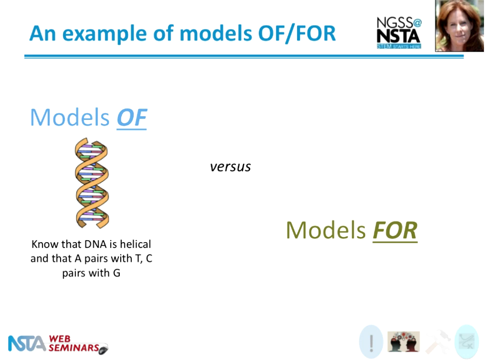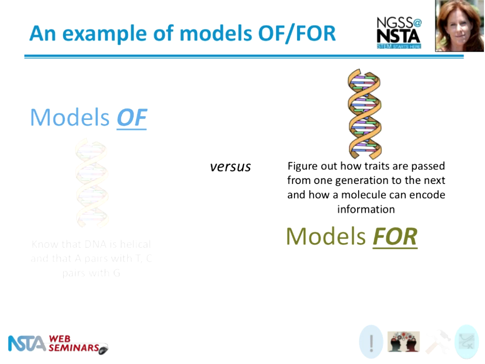But Watson and Crick weren't trying to figure out the structure of this molecule for its own sake. They were using and developing, along with Rosalind Franklin, a model of the DNA molecule that was for understanding how a molecule could serve as a hereditary material.